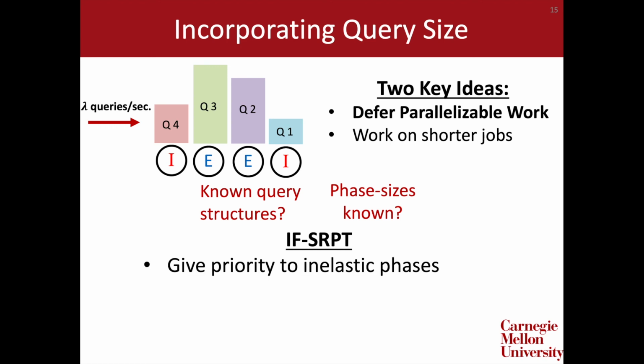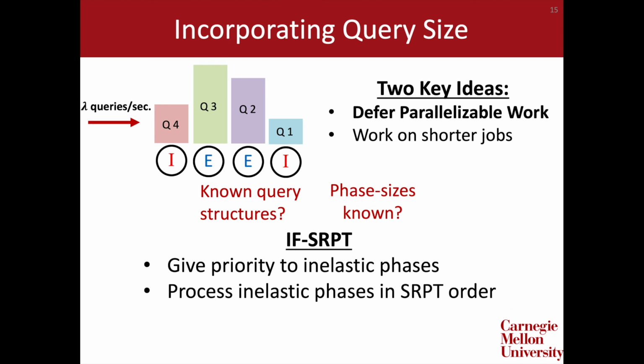IF-SRPT still gives strict priority to inelastic phases in order to defer parallelizable work. However, within the group of jobs which are in inelastic phases, IF-SRPT gives priority to the phases belonging to jobs with the shortest remaining total sizes. Any remaining cores can then be allocated to the shortest query which is in an elastic phase.